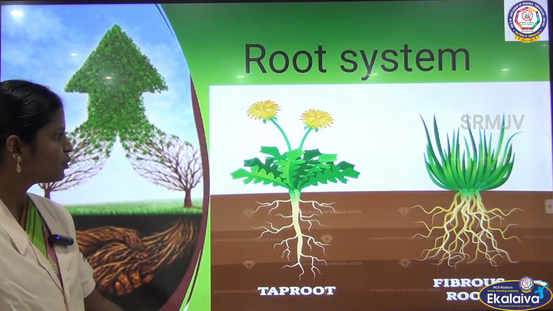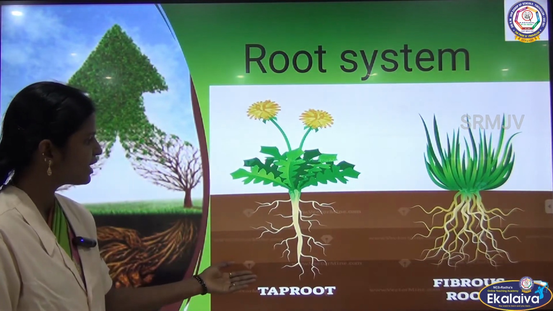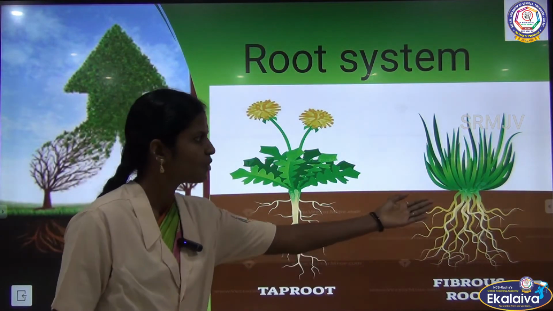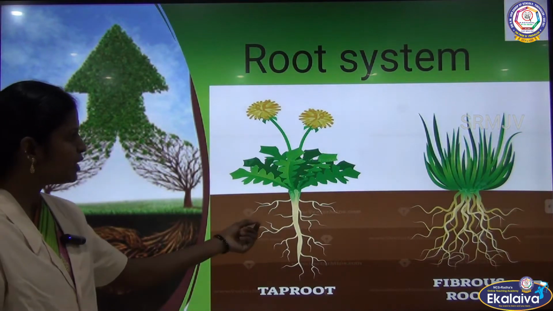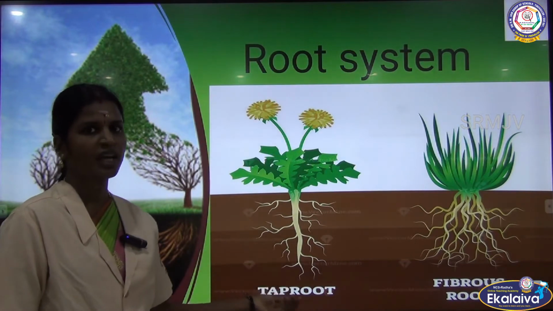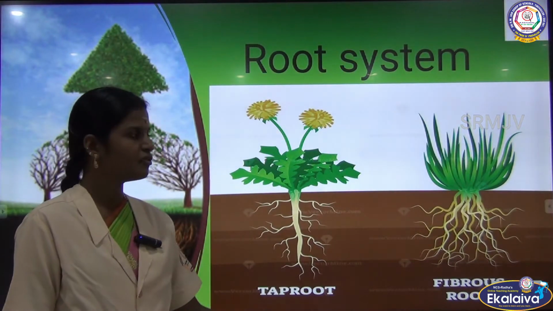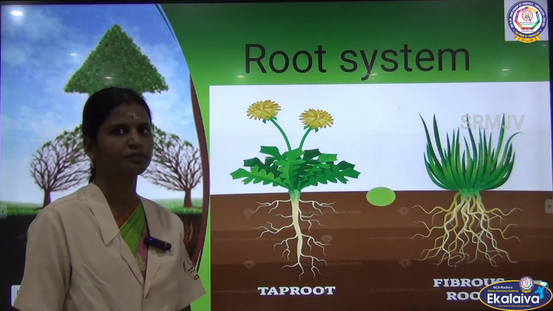Here in taproot you will be able to see one main root and all the subroots arise from the main root, and in fibrous root all the roots arise from the end of the stem. I repeat, in taproot one main root arises from the end of the stem and all the other roots, that is subroots, arise from the main root, but in fibrous root all the roots arise from the end of the stem.